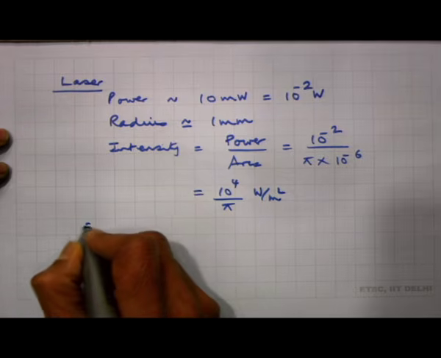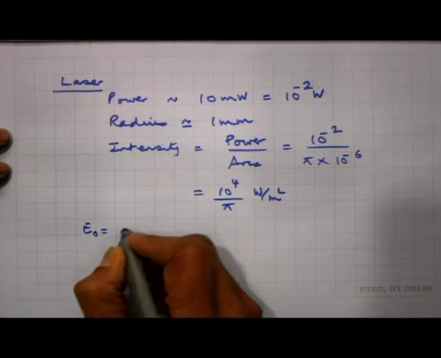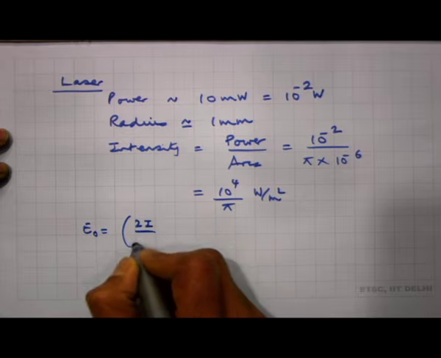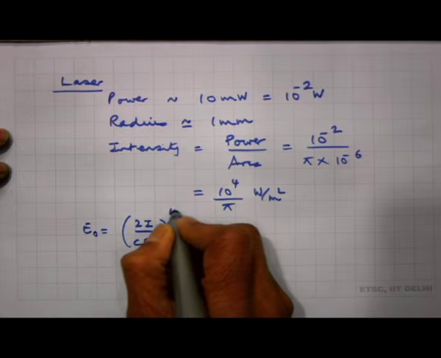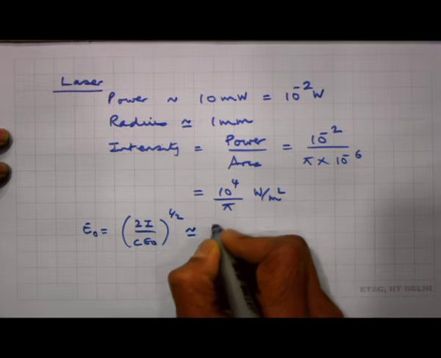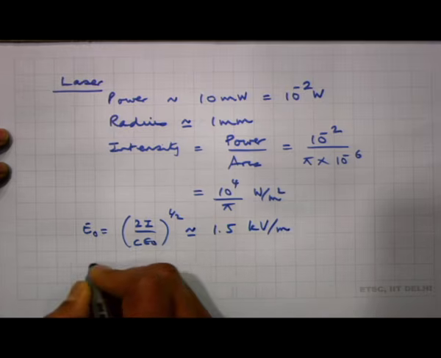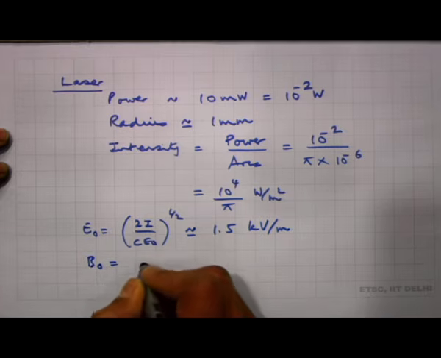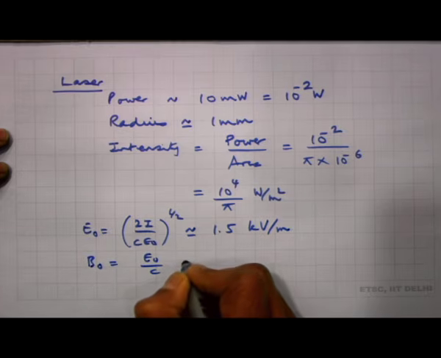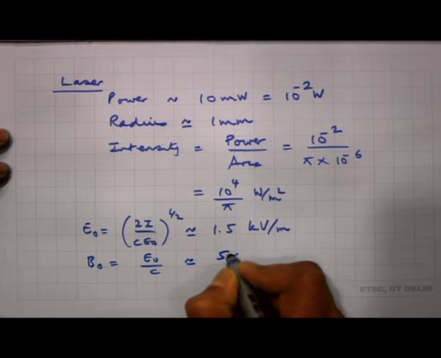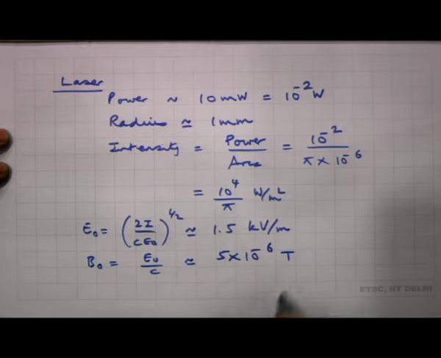and I can immediately calculate E0, which is (2I / (c ε0))^(1/2). That comes out to be 1.5 kilovolts per meter, and the corresponding magnetic field is E0 by c, that comes out to be 5 × 10^-6 Tesla.